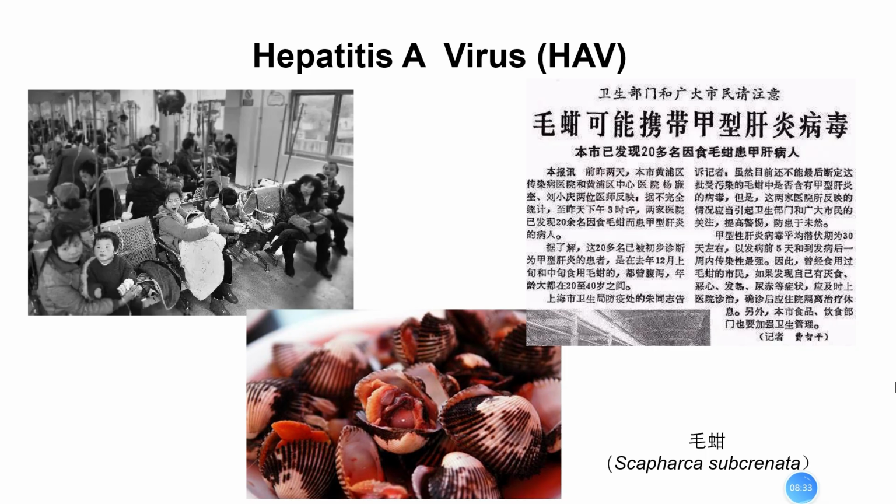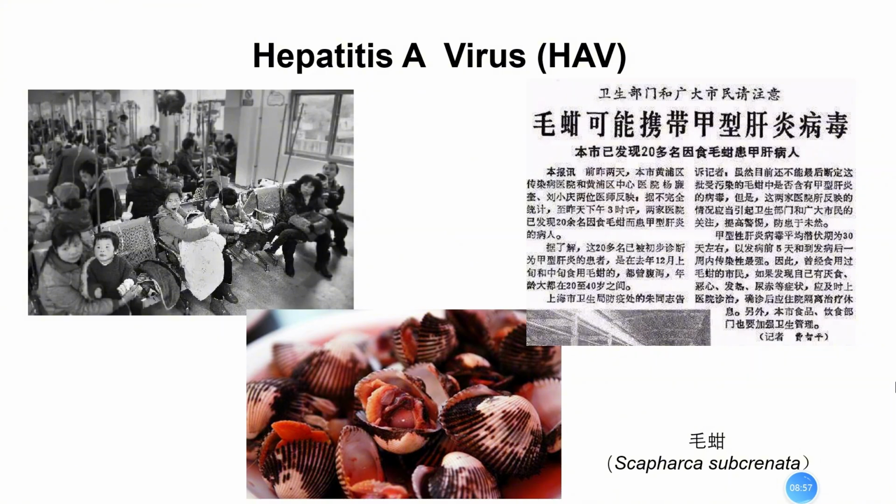All right, the first type of virus is HAV. We haven't heard of an HAV outbreak in China for a long time, especially a large scale HAV infection. There might be some isolated HAV infection cases.